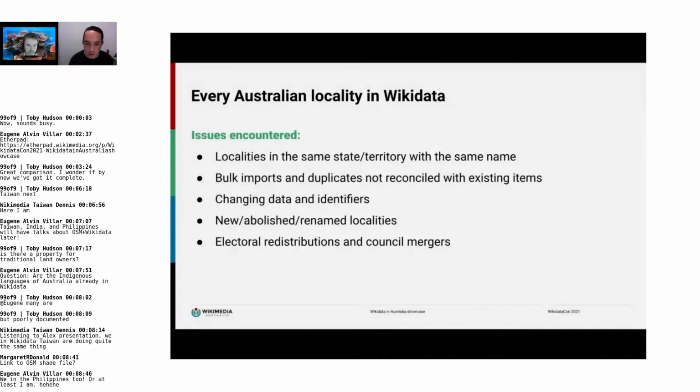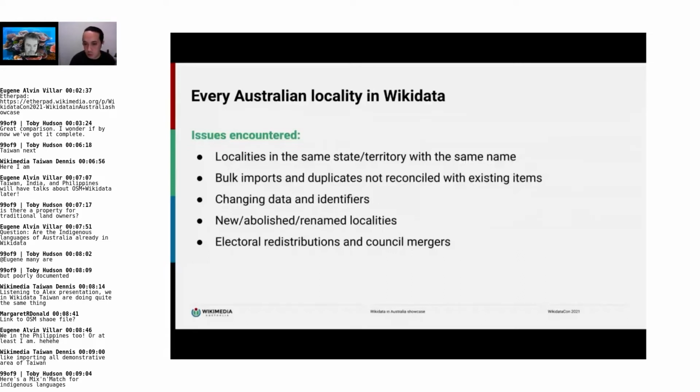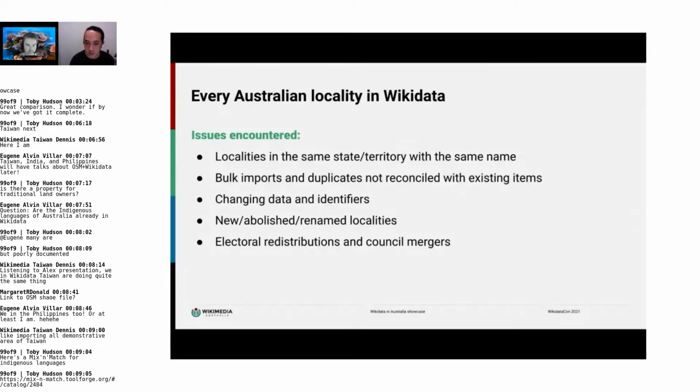There are some bulk imports to some language edition Wikipedias, such as Cebuano Wikipedia, where a bot has created Wikidata items corresponding to those articles, and that can result in a lot of duplication of what is essentially the same entity.